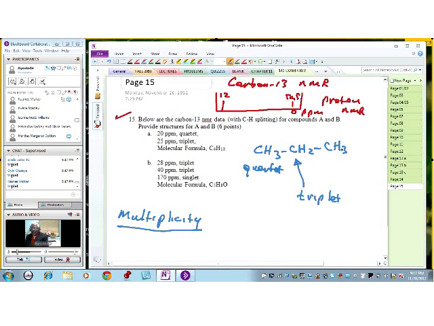Now, if you look at this molecule here, how many carbon-13 NMR signals do you expect to get? 2. So therefore, the carbon-13 NMR data for this will look like this. I believe the data is on page 465. Go to page 465.